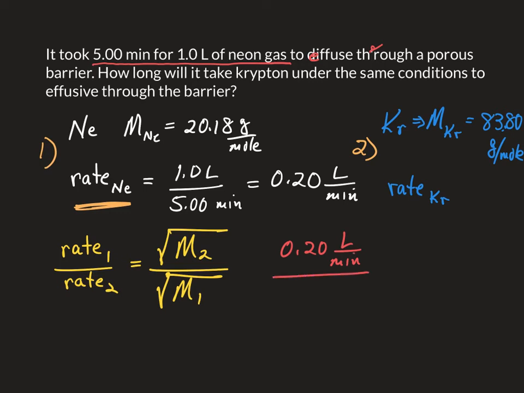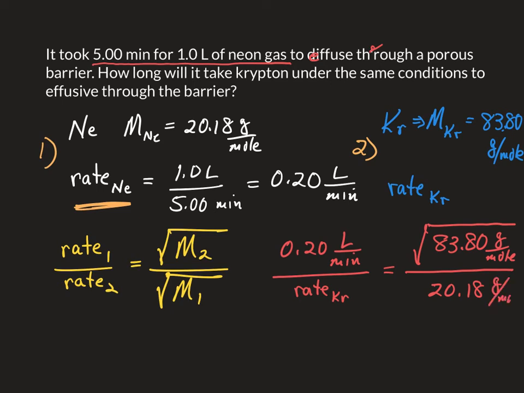What we don't know is the rate at which krypton escapes, but we know that the molar mass of krypton is 83.80 grams per mole. We'll take the square root of that. The molar mass of neon is 20.18 grams per mole, and we'll take the square root of that.